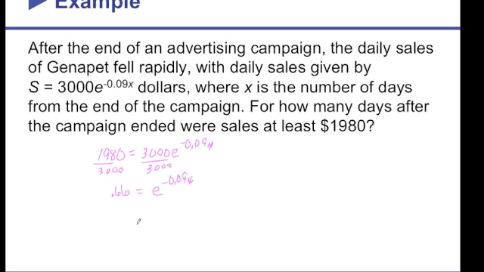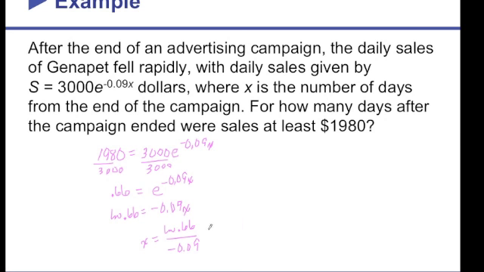Putting that in logarithmic form, that means the ln of 0.66, the base is e, equals the exponent, negative 0.09x. So x equals the ln of 0.66 divided by negative 0.09.